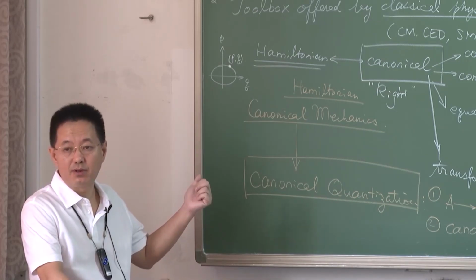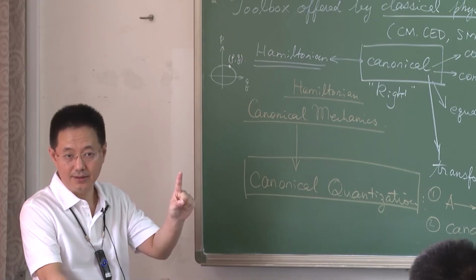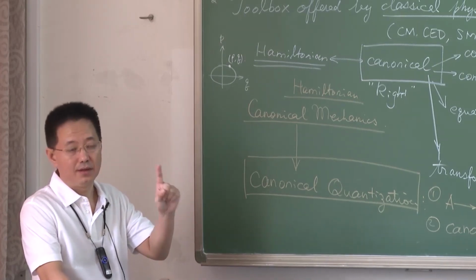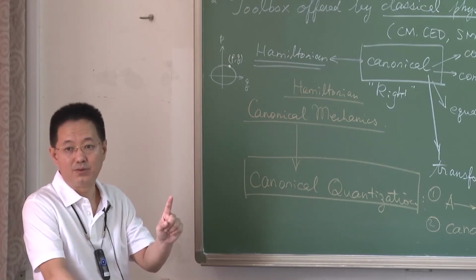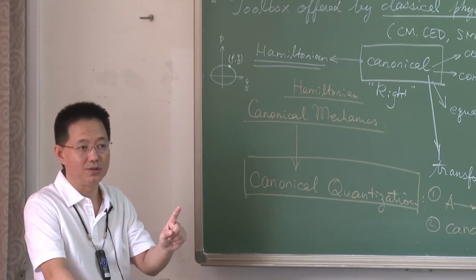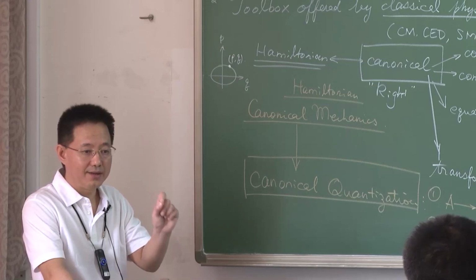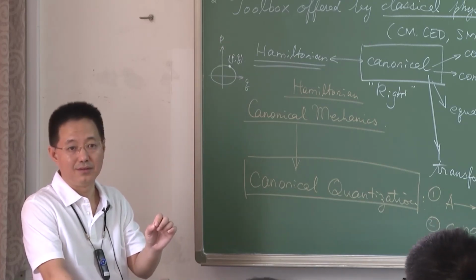And each point in phase space is called a state. So that is a very early and very original definition of the state. Before that, in mechanics, we didn't have the concept of the state. So state is a very important concept in classical mechanics.